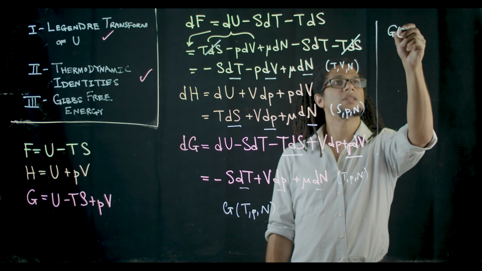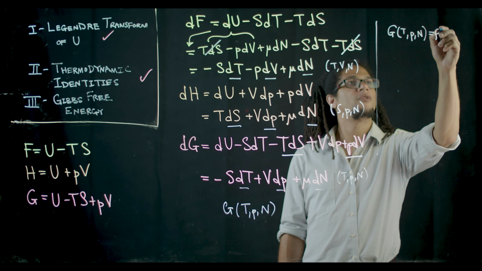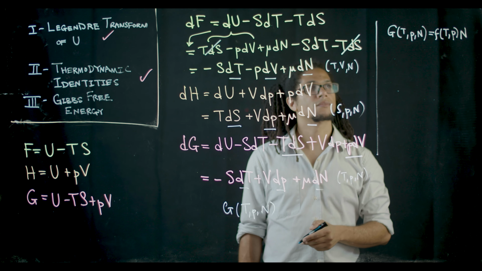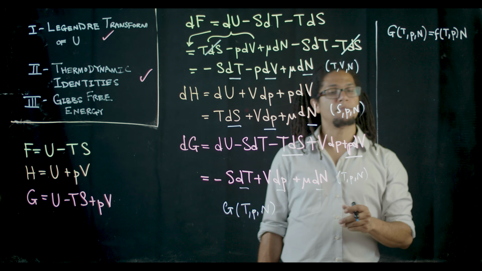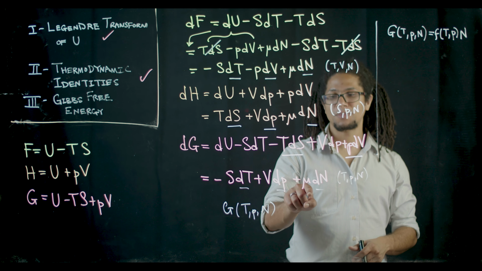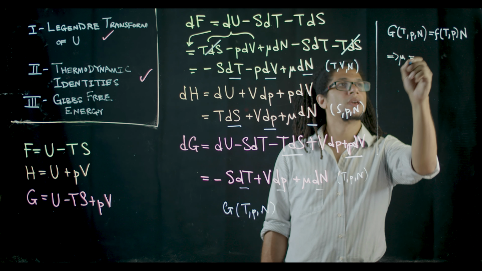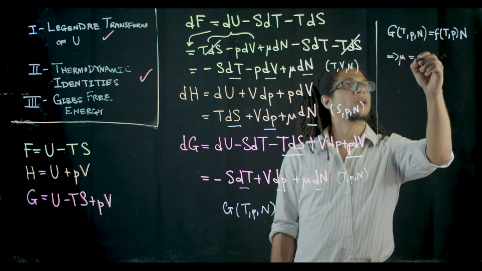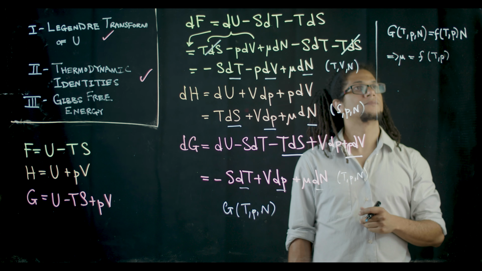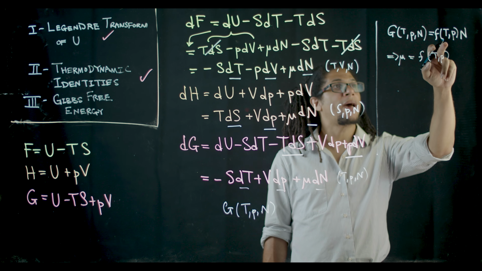So G of T, P, N is equal to some function f of T and P times N. But now let's think about what that means for mu, which is the derivative, while fixing T and P, of G. It means that mu is exactly equal to f of T, P. Good, but then look, we just substitute mu back in.